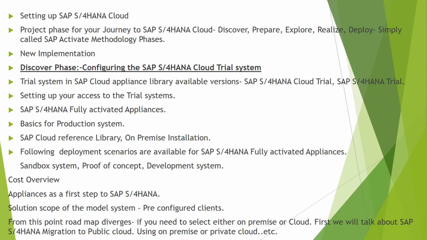The test license is free, but you will have to pay hosting fees to the cloud provider you choose. Because this trial system is your system, you can view and change all the functions, including customizing. You can also access the system via SAP GUI.